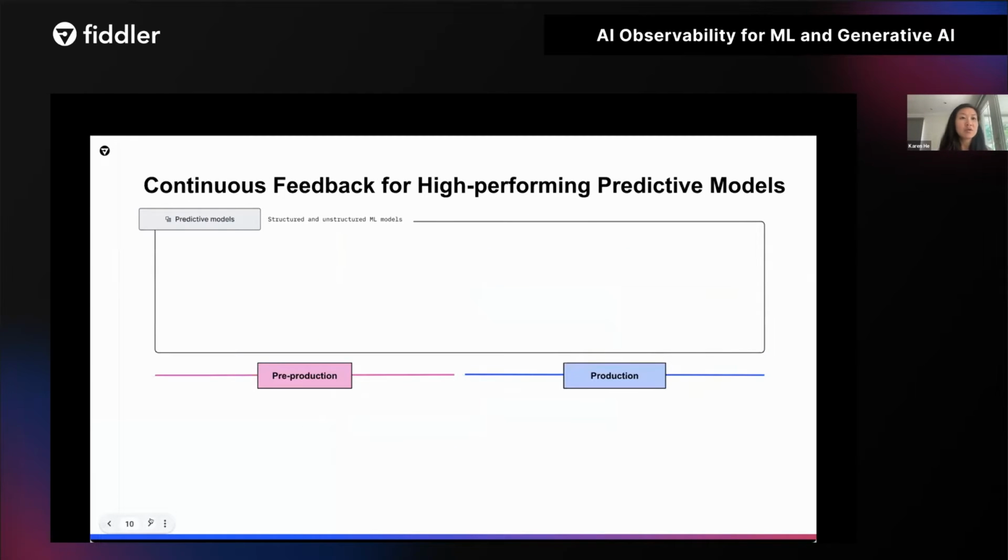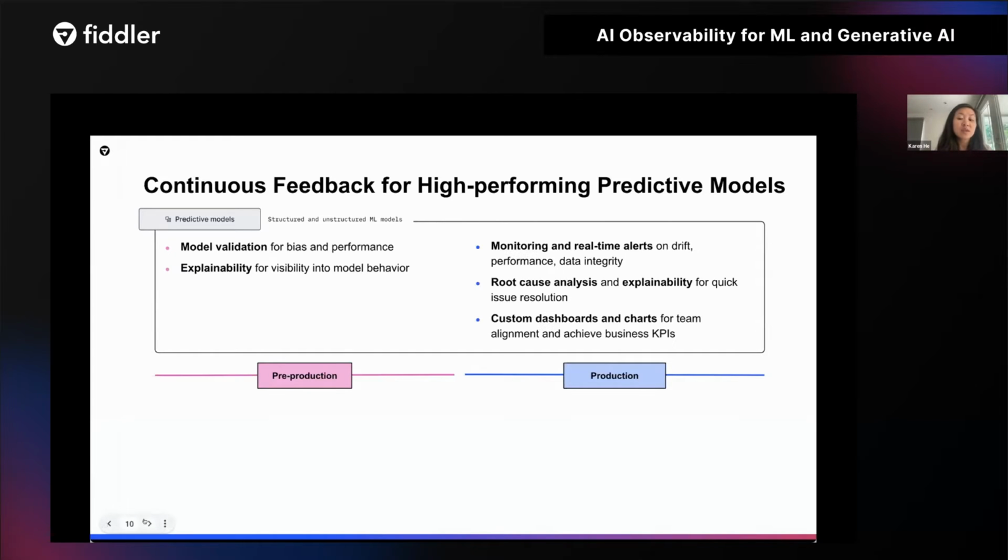Now, let me walk you through how we support predictive models in three different stages. First, in pre-production, we support model validation for bias and performance, as well as visibility into model behavior through explainability before ML teams promote them into production.